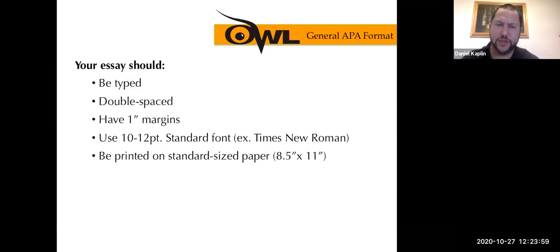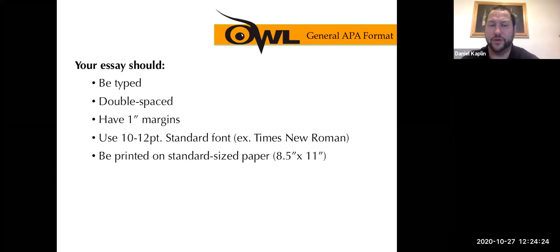So all essays should be typed, double spaced, with 1 inch margins all around. And I say that because it's not always guaranteed that it's set to 1 inch margin. If you have Microsoft Office, sometimes it's set to 1.25 margin. So you have to check to make sure the margins are 1 inch all around.